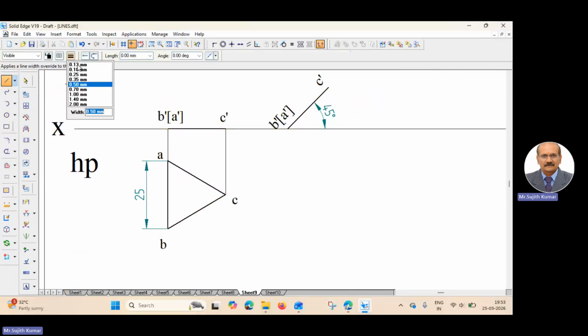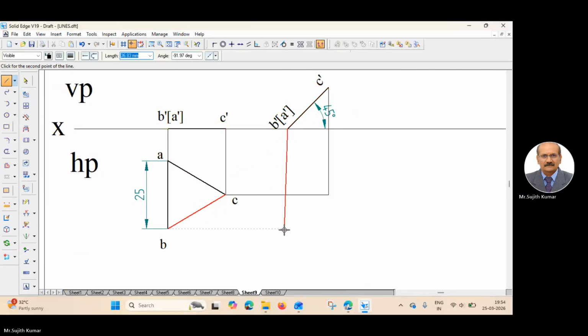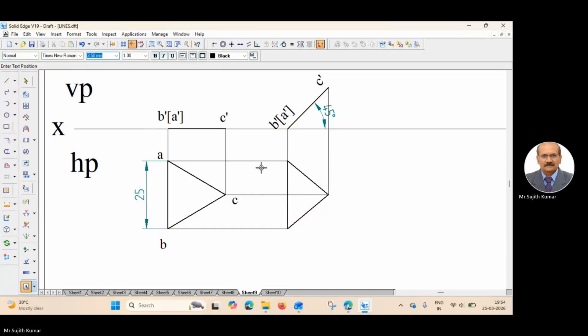Then go to the line command, 0.13, C dash, and A dash. This is the median CM.